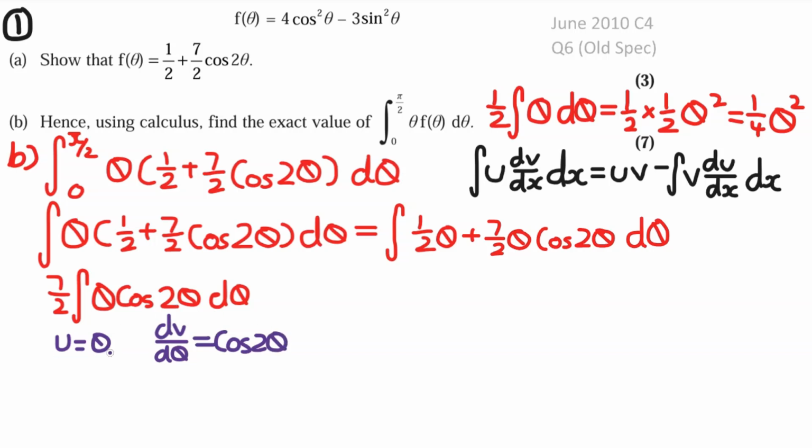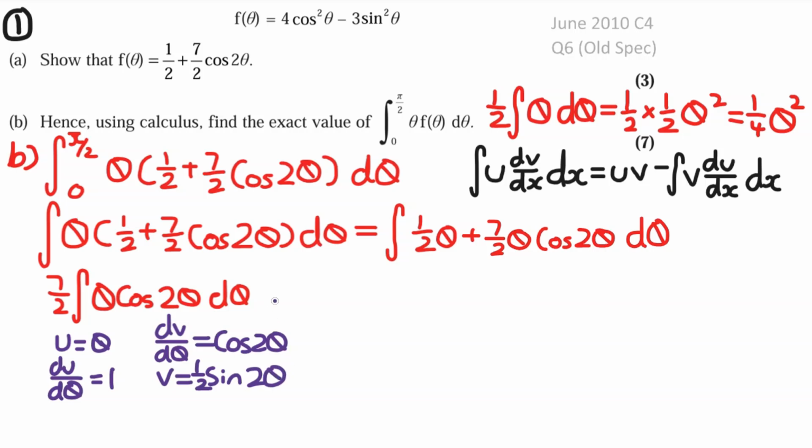Okay, so if we differentiate this, u is equal to theta here, du over d theta this time is equal to 1, when you differentiate theta, and then if you integrate this here, v is equal to, when you integrate cos, it's equal to sin, but remember, when you integrate cos of 2 theta, you also need to divide by this 2 here, so it's going to be half sin, and then this 2 theta is still going to be like this here.